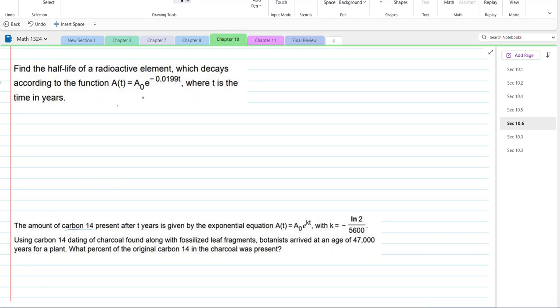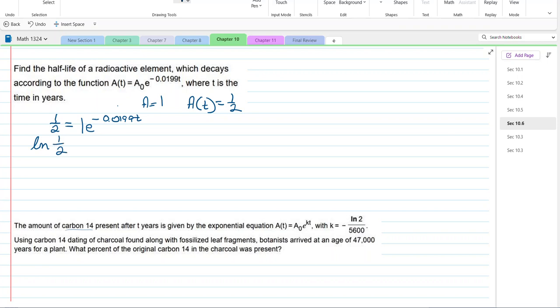So we're assuming that A at the start is 1, and A of t is 1/2. So this is how we're going to solve this problem. I'm going to have the equation 1/2 equals 1 times e to the negative 0.0199 t.